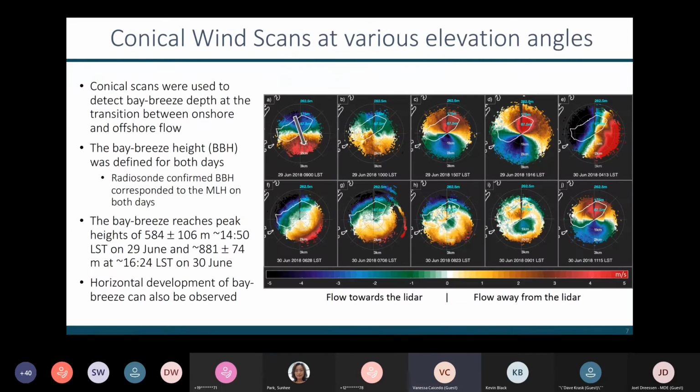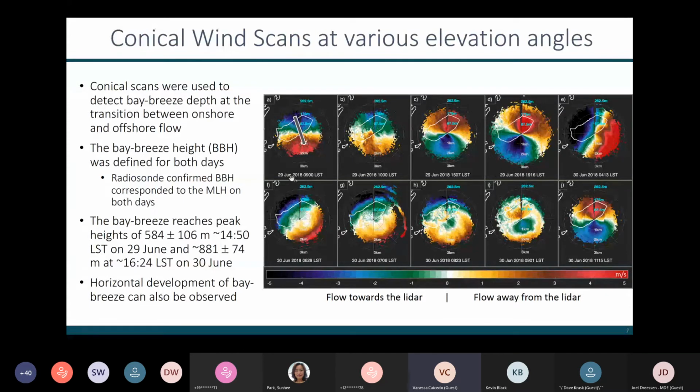Now looking at more wind lidar data, these are just conical scans at a specific angle. This lidar is right at the edge of HMI, and it scans all around 360 degrees. It's able to tell us where the flow is coming from. We use these specific scans to begin to determine the vertical extent of these flows.